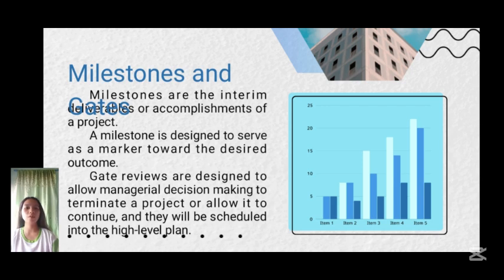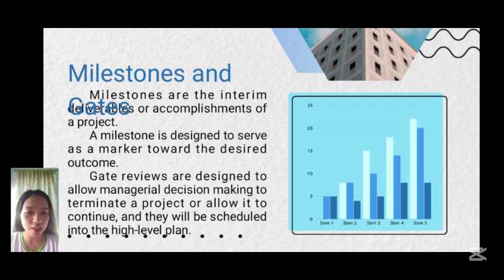So, an example of milestones and gates for a project plan. Milestone one is the completion of the project proposal. The gate review there is to review and approve the project proposal. Milestone two is the finalization of the lesson plan. The gate review here is to quality check the lesson plan.